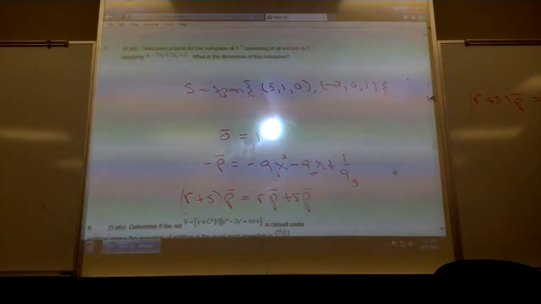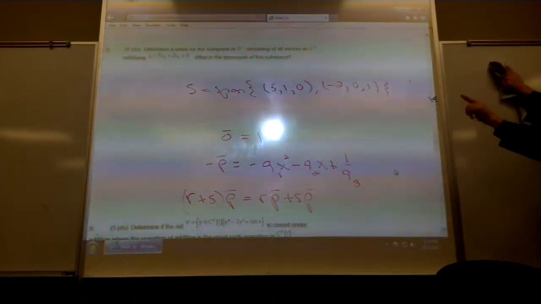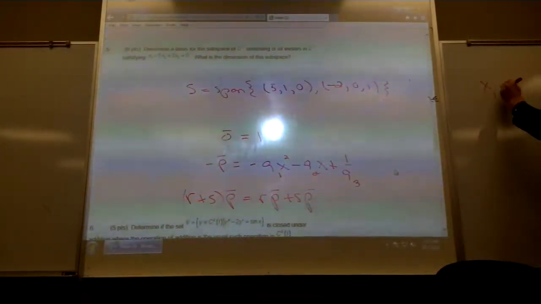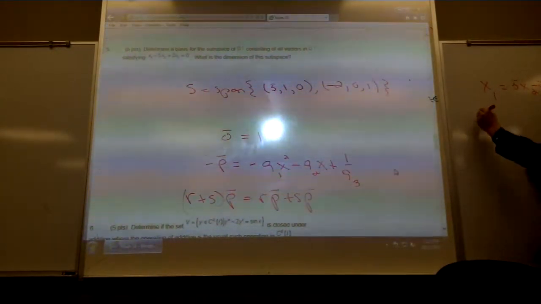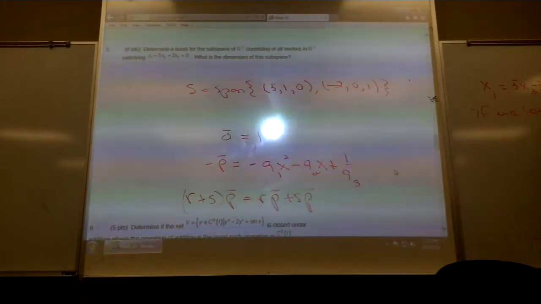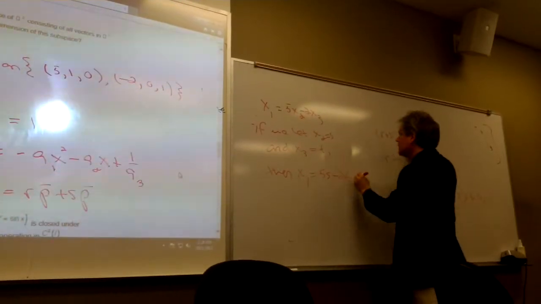I see it. In that equation, I really can't read it, so just tell me what it is. Isolate x1 on the left-hand side. If we let x sub 2 equal s and x sub 3 equal t, then correspondingly x sub 1 is equal to 5s minus 2t.